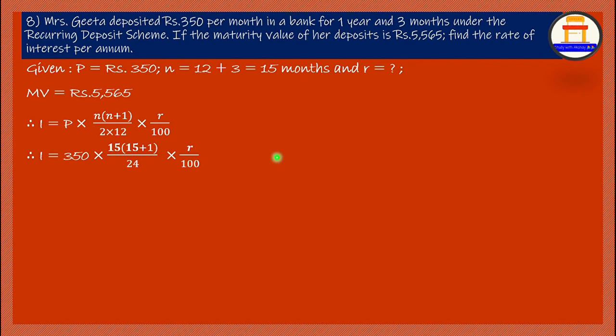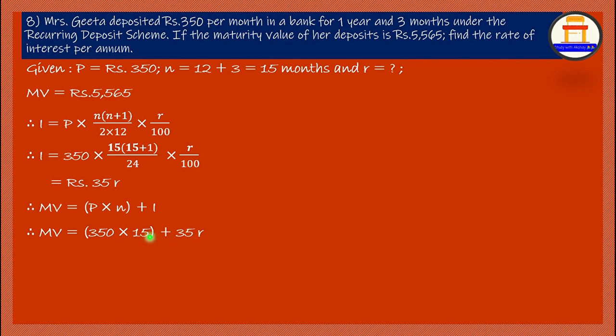Now after simplification, we get interest as 35R. So let's move ahead with the maturity value formula. Maturity value is given by the formula principal into number of months plus interest. Let's substitute the values: 350 into 15 plus 35R.